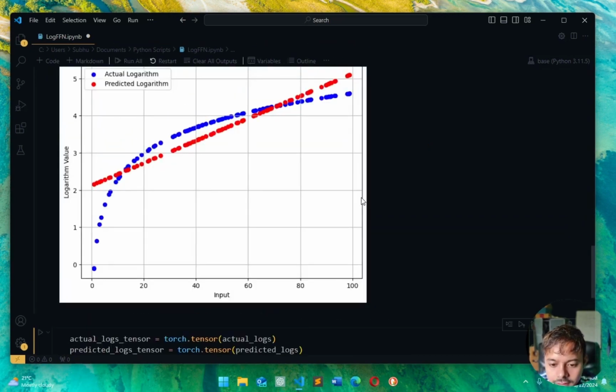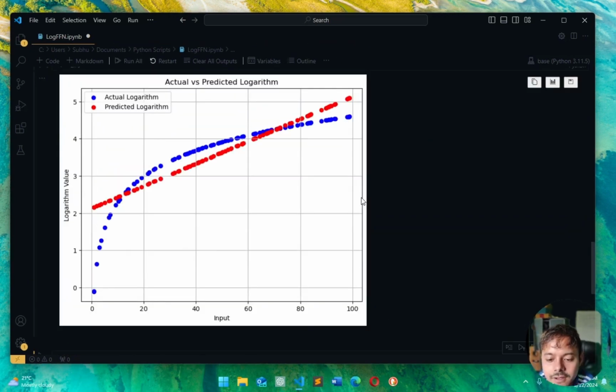Let's see how our model performed using the non-linear activation function. This is how our model predicted. It is still fitting a line, not a curve.